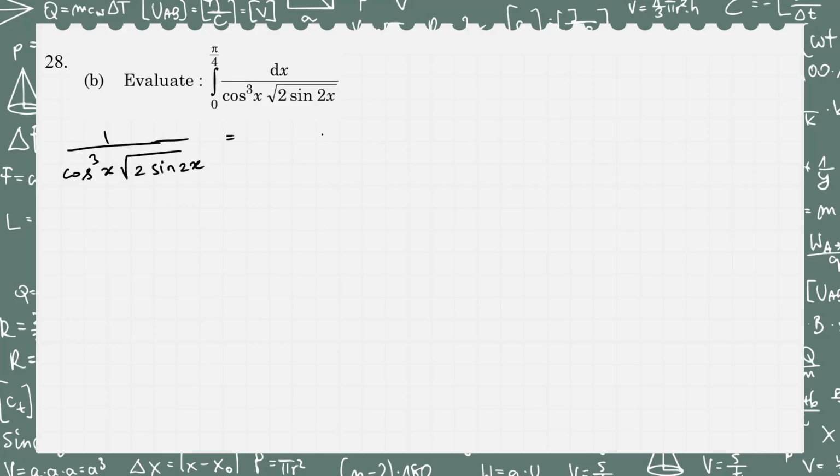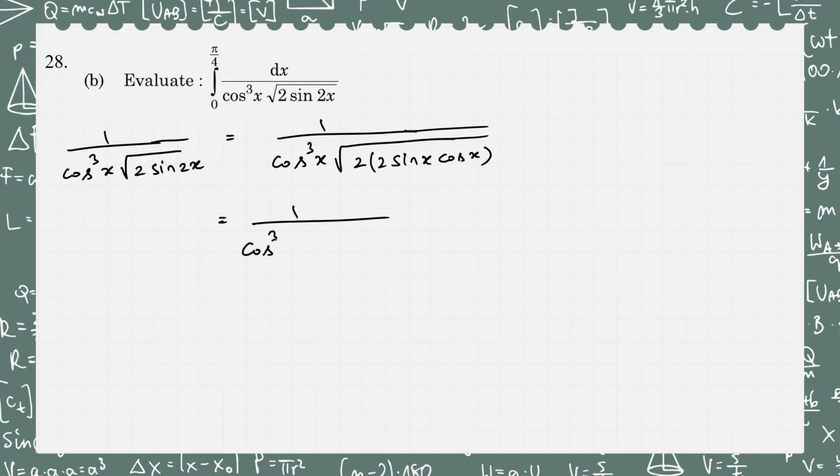This can be written as 1 by cos cube x into root of 2 into sin 2x, where the value of sin 2x is 2 sin x cos x. And this will be 1 by cos cube x into root of 4 sin x cos x.